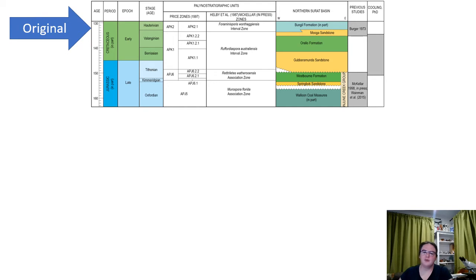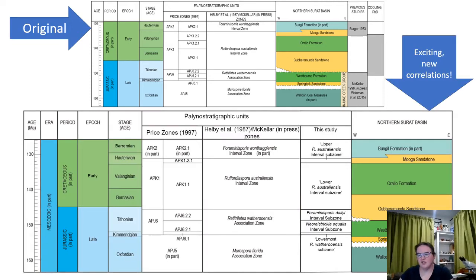So the principal goal of my PhD has been to do that in-depth biostratigraphical study and tidy up and solidify those linkages. And to cut a long story short, I did.